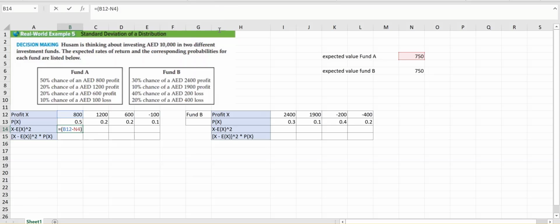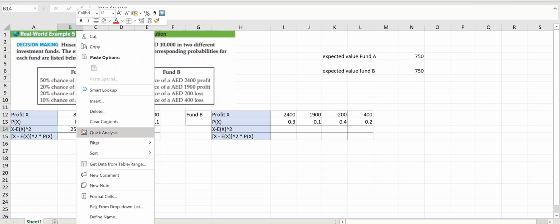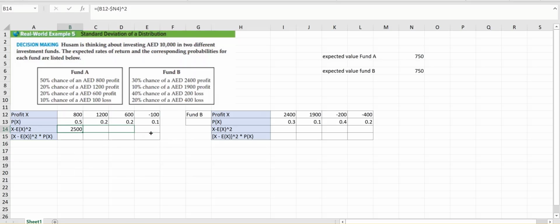So we've got 2,500. We want to do the same for each of these, but our expected value is a fixed value, and then I can copy this across, and this has given me the values.